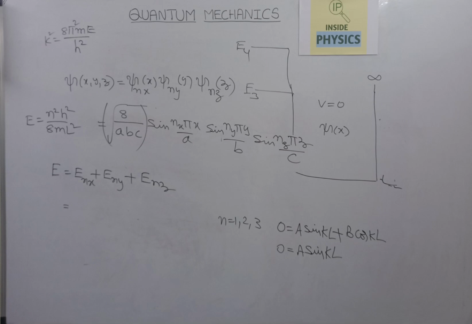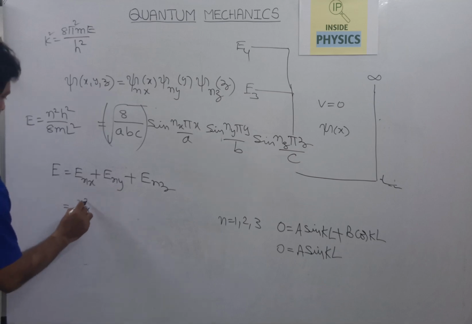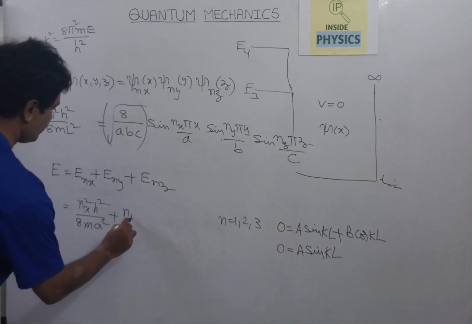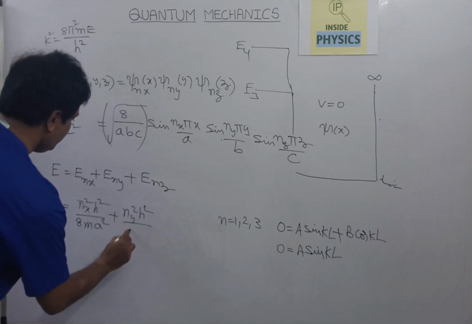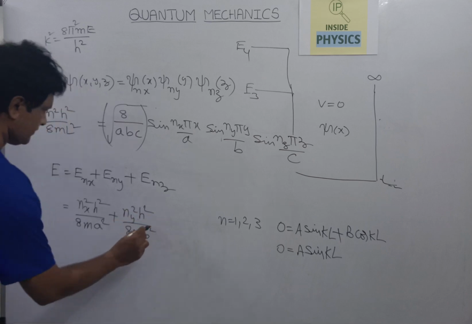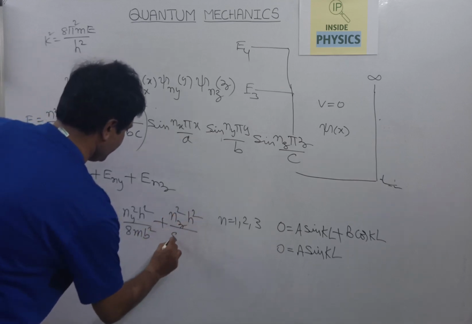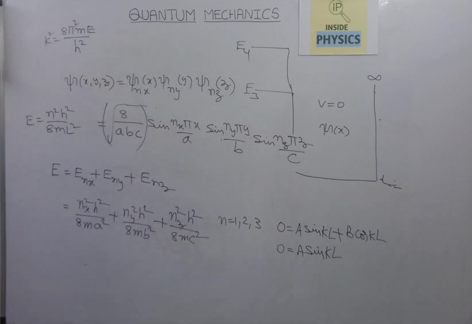With this formula we conclude the total energy for three dimensions: nx square h square by 8 m a square plus ny square h square by 8 m b square plus nz square h square by 8 m c square. This is how we evaluate the total energy of the particle moving in a three-dimensional space.